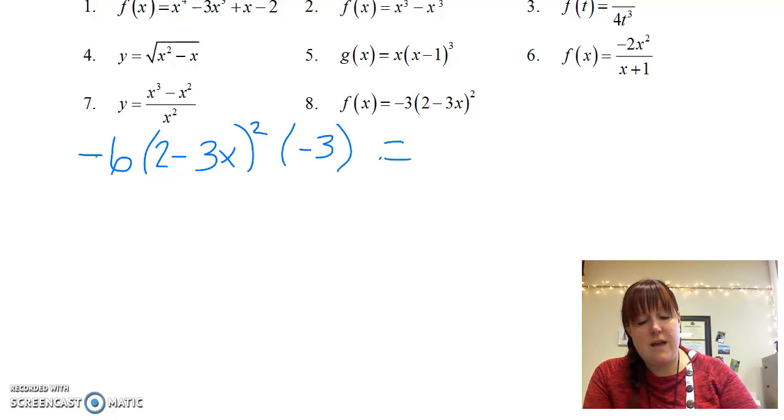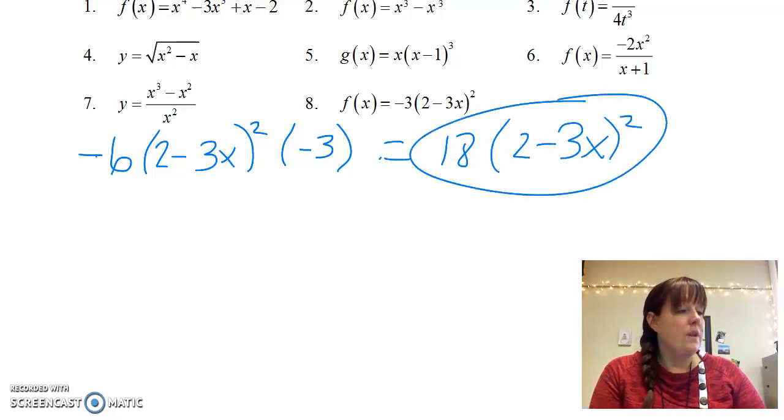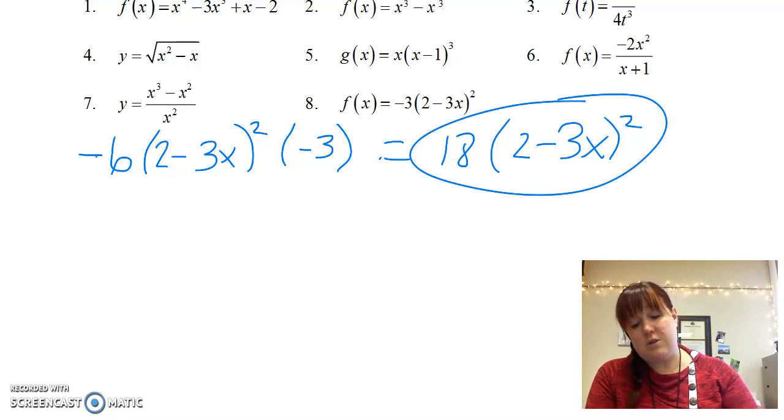So we have 18 times 2 minus 3x squared. And that would be our final answer. Oh, sorry, gosh, we are not going to be squared there. Let me not lead you astray. The squared went away, so you're just going to be 18 times 2 minus 3x.